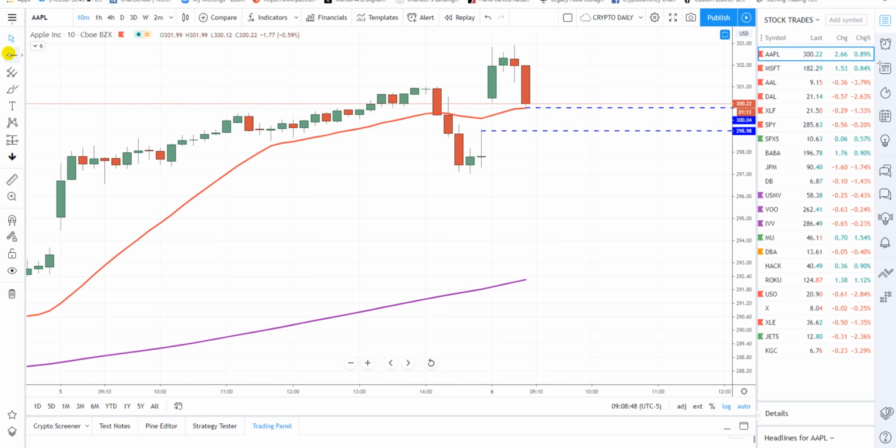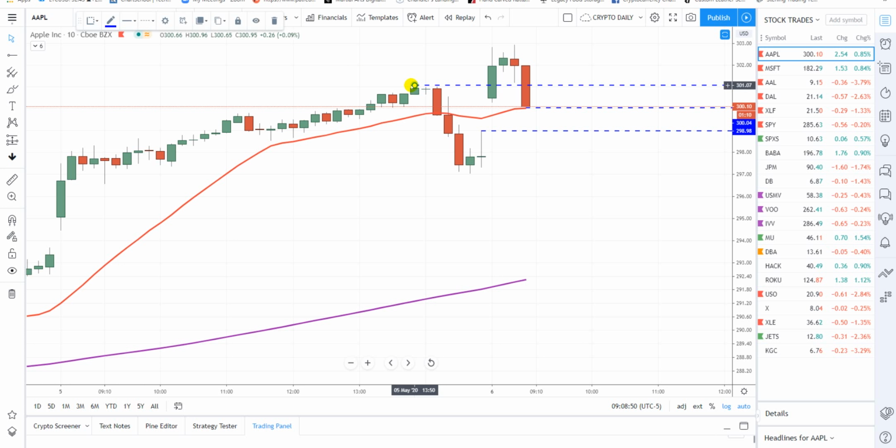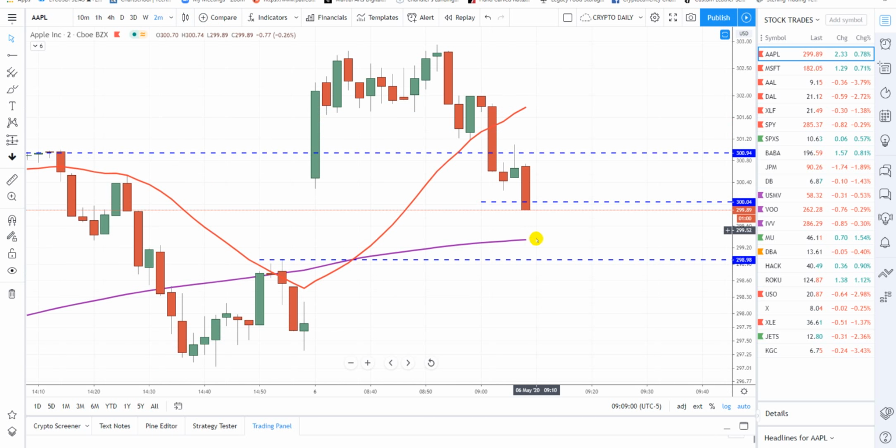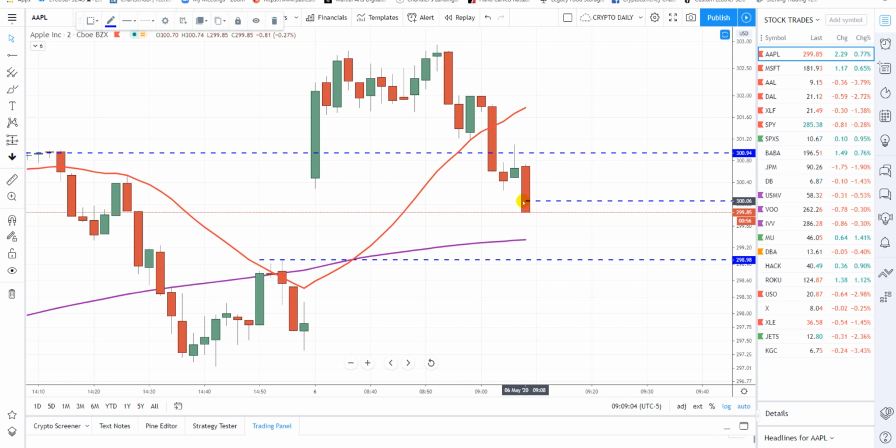And I'm going to put this line back up here. I'm going to switch to our 2-minute chart, because this blue dash line will be on our 2-minute as a reference. And if we come back up through it, let me push it over.